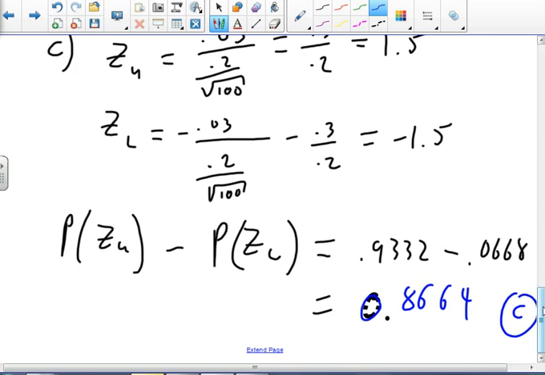My D answer. Which, if any sample size in parts A, B, or C, would you recommend to have at least a 95% probability that the sample mean is within 0.03 of the population mean?